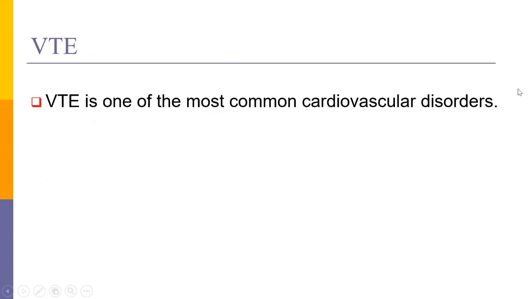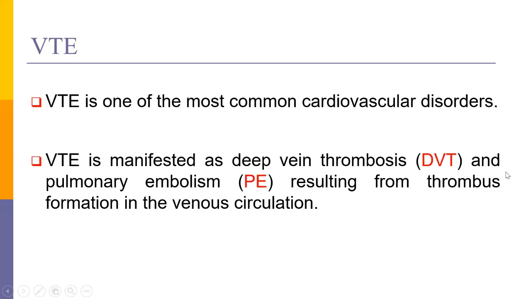So we begin with the VTE, one of the most common cardiovascular disorders, the venous thromboembolism, resulting from the venous thrombi, which we said is primarily in the venous circulation and composed almost entirely of fibrin.